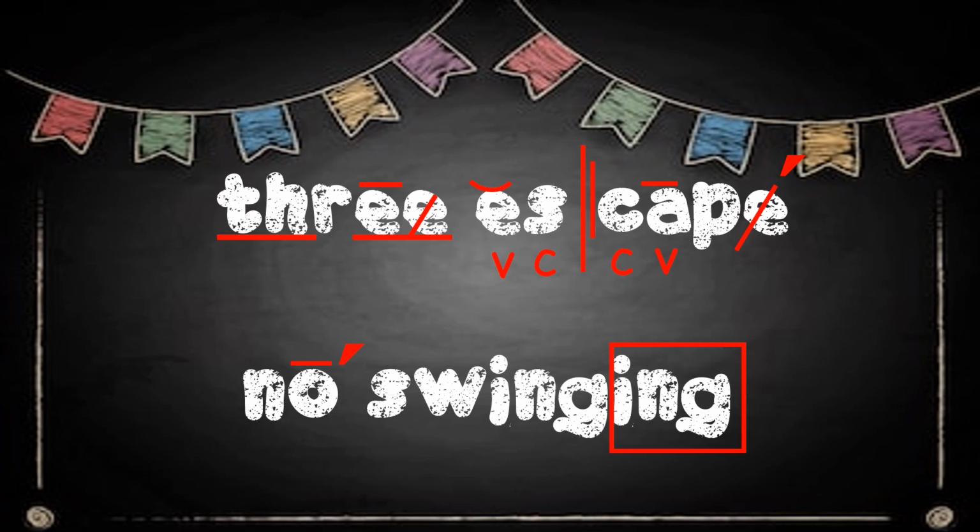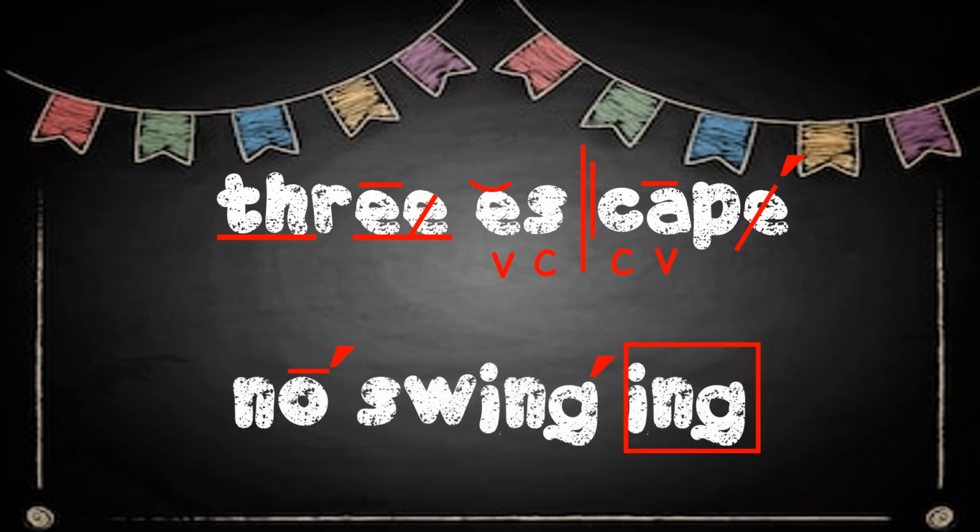So I'm going to put an accent mark at the end of my root word. Now let's go ahead and code our root word. Look closely. We cannot have two suffix ings, so look very close. And when I look close, I see digraph NG.